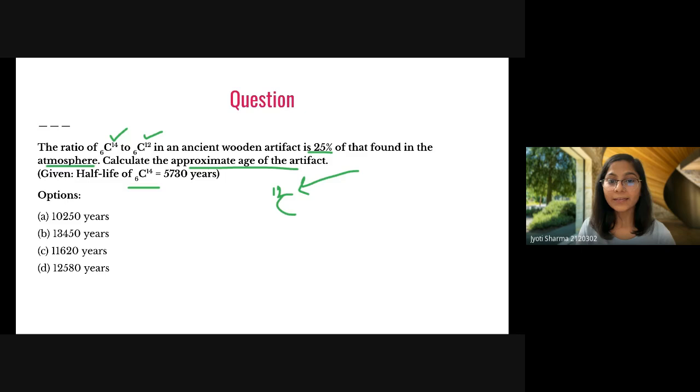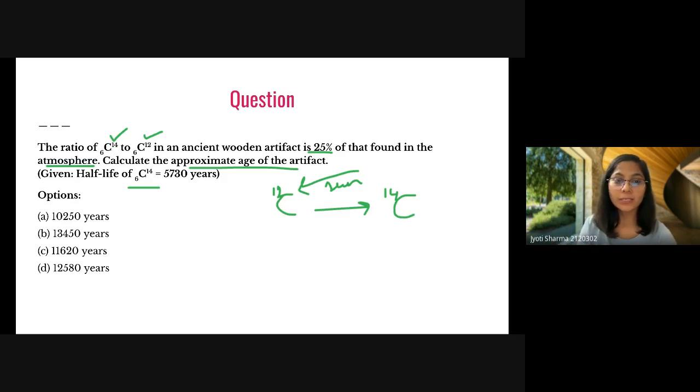This energy will change that C12 to C14. So basically in the atmosphere we have C12, but after some rays strike the C12, it will be changed into C14.